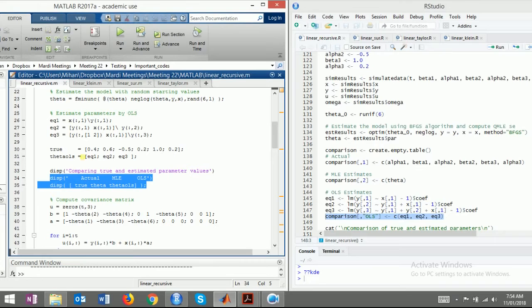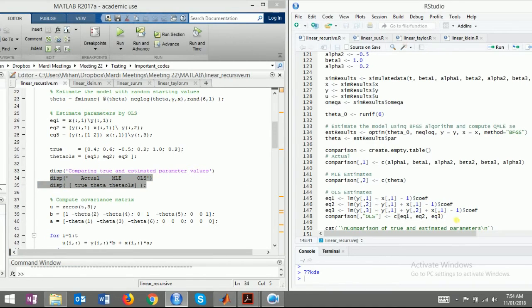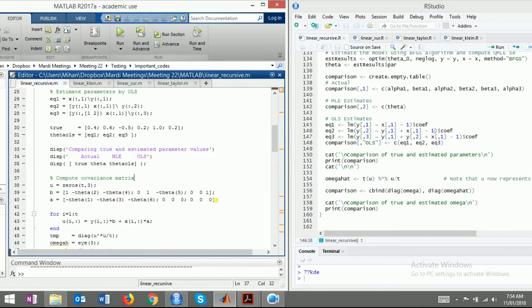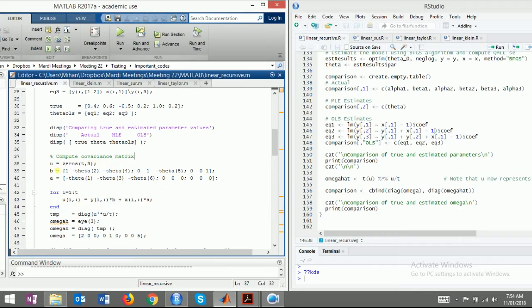Okay, compute the covariance matrix. First we need to compute the residual. Again we have to define beta, and from there we need to compute the residual.